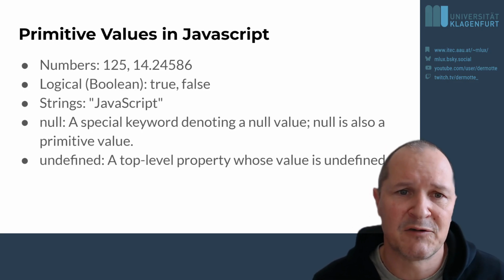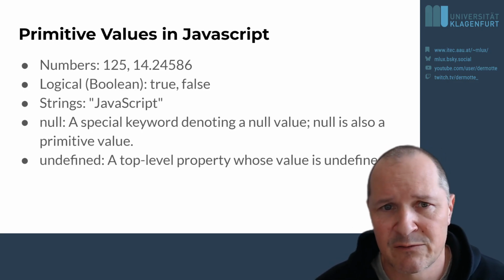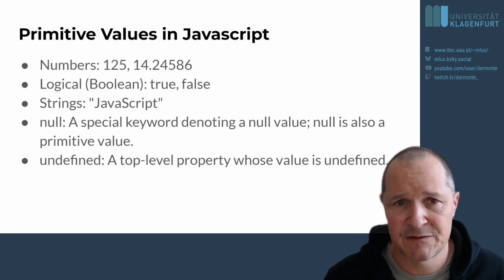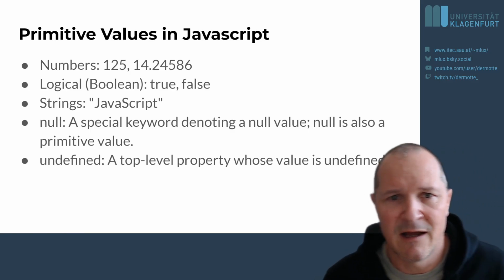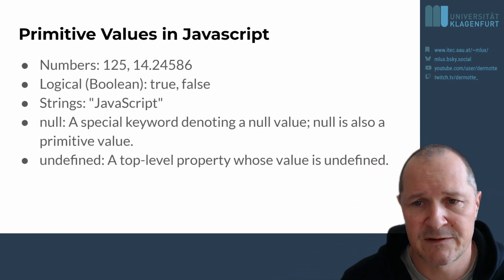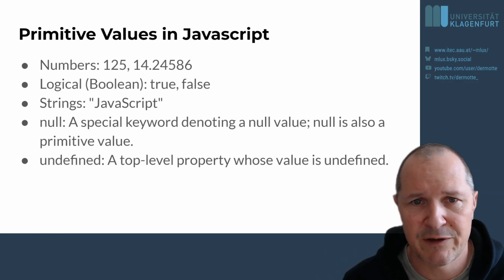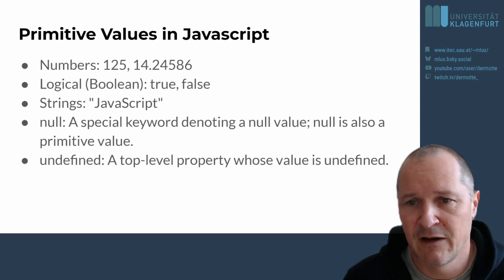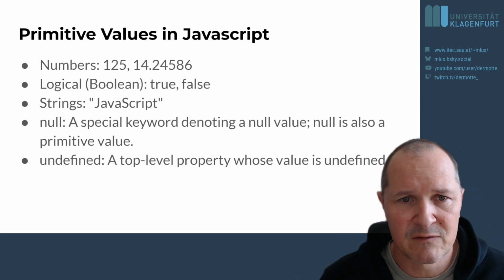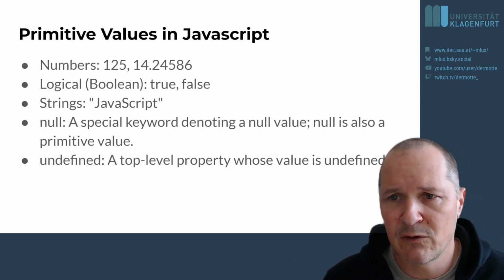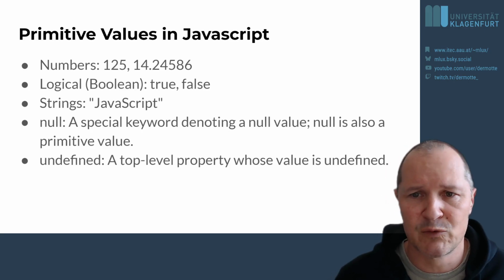What we need is, of course, primitive values. So we can have numbers, for instance, integers. 125 would be one, or 42 would be another one. Or you can have floating point numbers. So 14.24586 or 3.1415, something like that. Those would be floating point numbers. What you always need in computing languages is Boolean values.